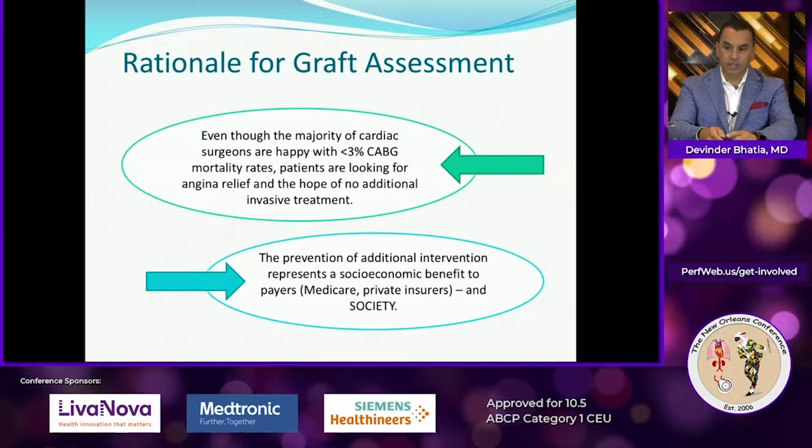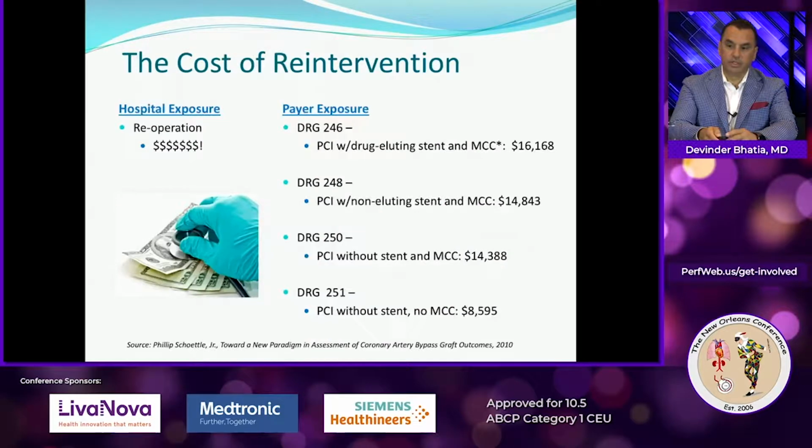So it really benefits society in general if we can save money on not having to do reintervention on patients. Obviously, we mentioned just now the cost of reintervention. It's very expensive to go back in and take care of a patient who has a problem that could have been taken care of intraoperatively.